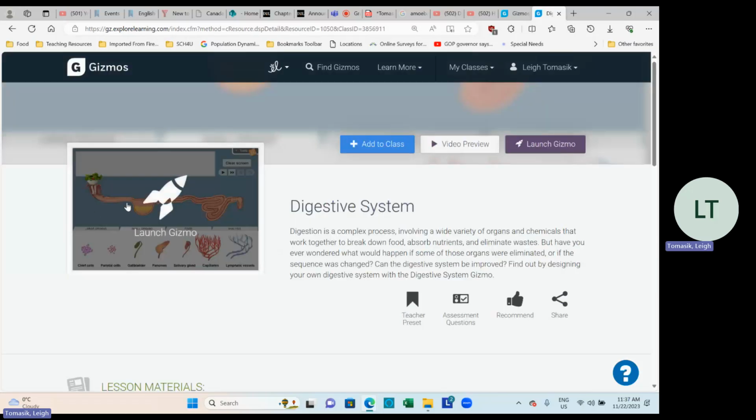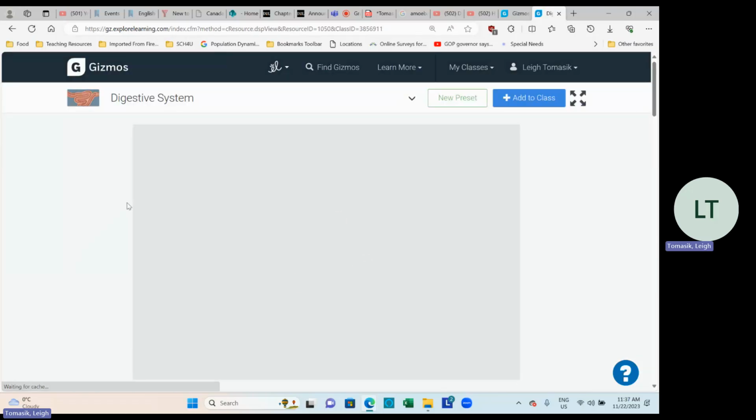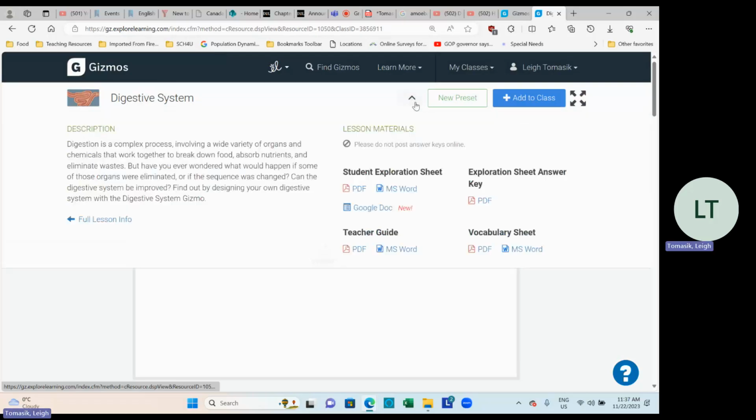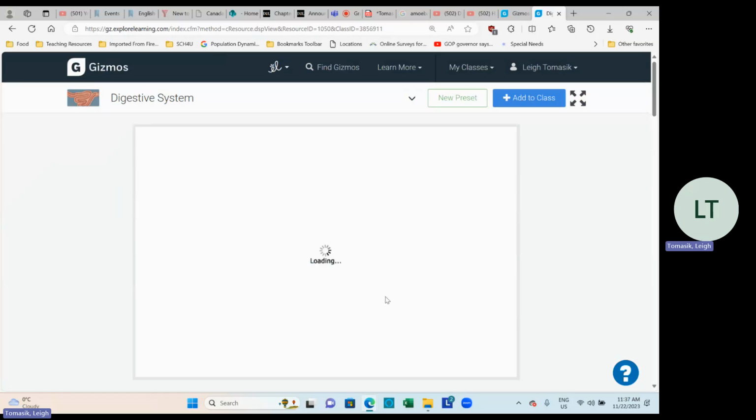It's fun to do. You can make your own digestive system and then you can feed it food. And you can, of course, get the instructions for the gizmo here if you're interested in it. Maybe I'll link a sheet. Again, you don't have to do this.